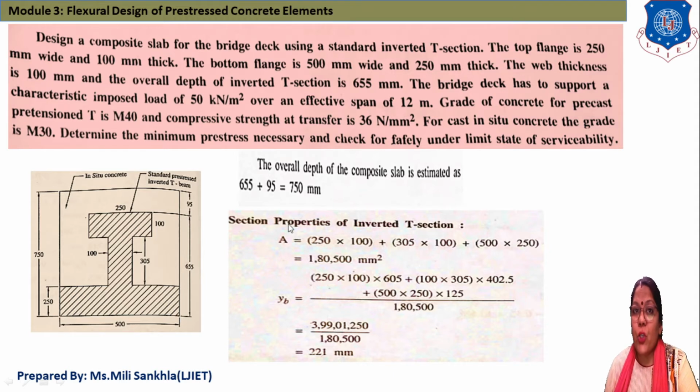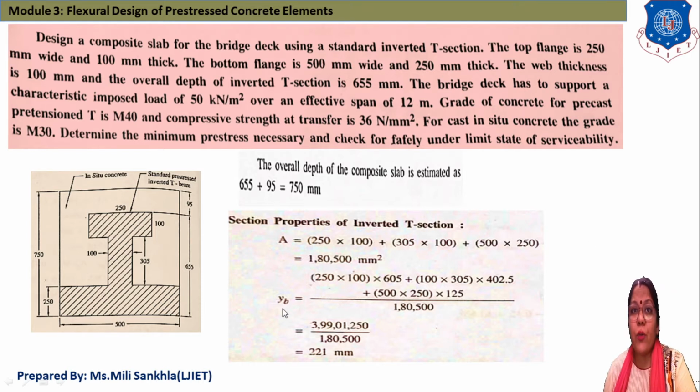Now first of all we will find the properties of the inverted T section, or we can say I girder. First the area: the area of the top flange 250 into 100, second is 100 into 305 web, and bottom flange 250 into 500, and the answer is 1,80,500 mm square.